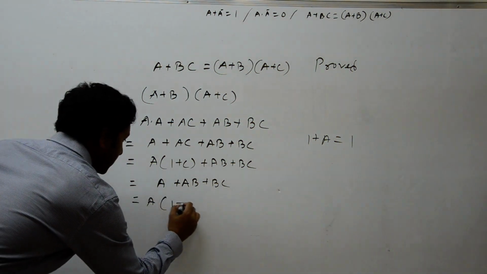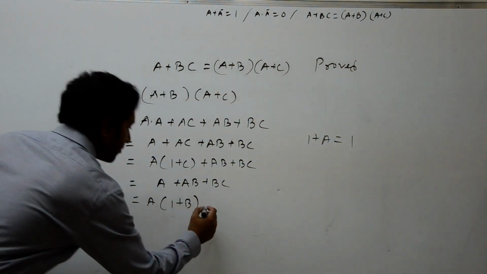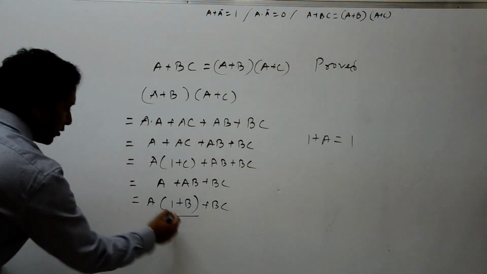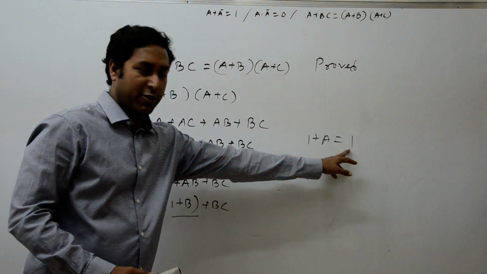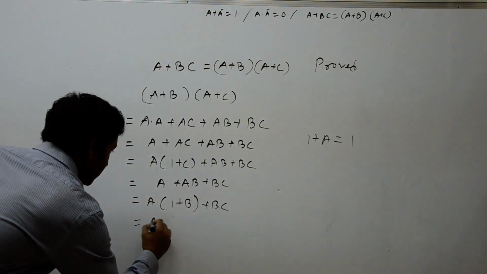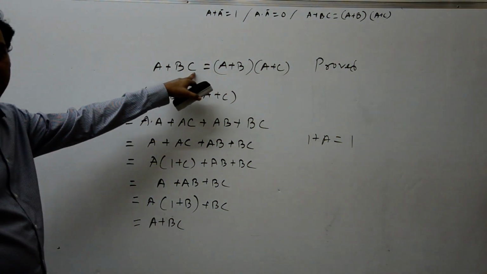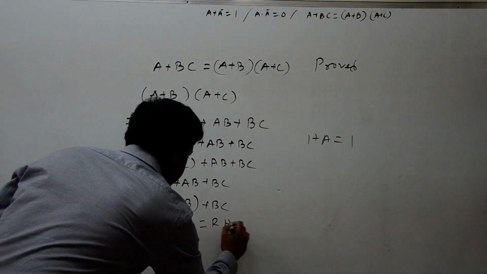Then it became 1 plus b is left, plus bc. Now here, what is the value of 1 plus b? Definitely 1 plus b is equal to 1. Again the same formula. So we got a plus bc. Now, what is this? A plus bc. So this is equal to the other side.